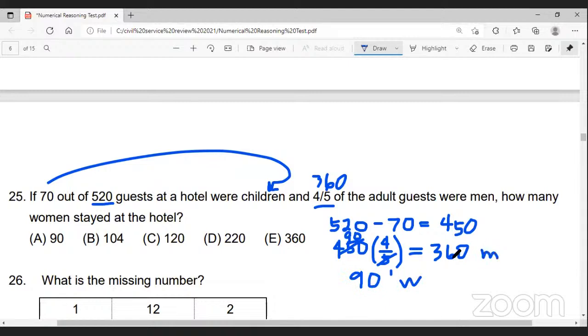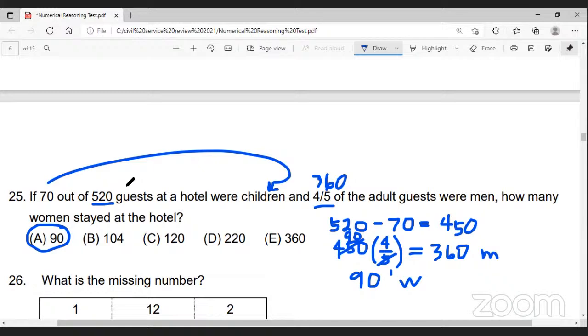Men 360, 90 women to come up with 450 adults, and we have 70 to add, and we will result really to 520. Now we can answer the question, how many women stayed at the hotel? We check again, 90 plus 360 plus 70, is it 520? Yes, ma'am.